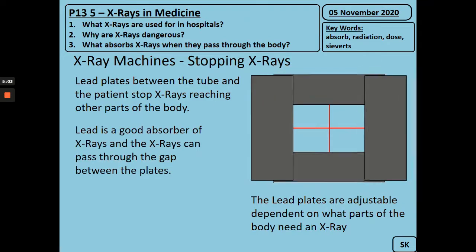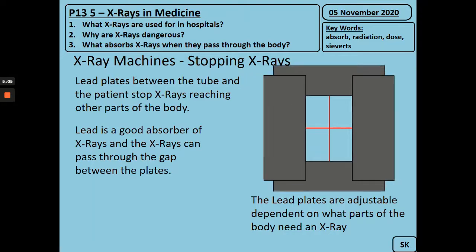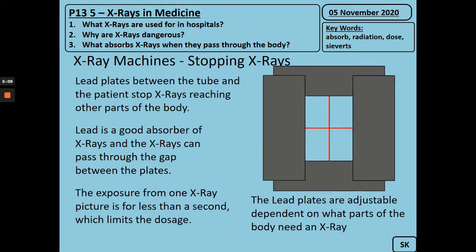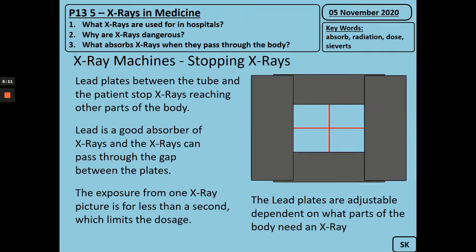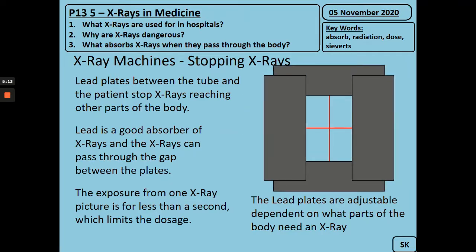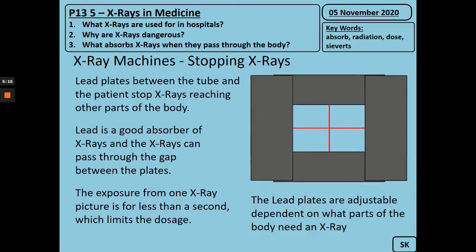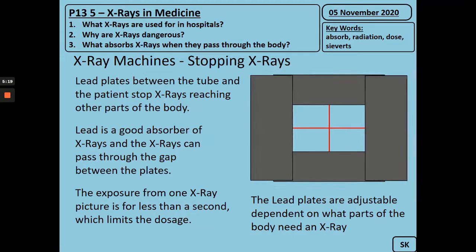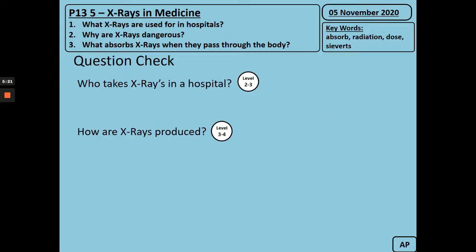Lead is a good absorber of X-rays, and the X-rays can pass through the gap between the plates. The exposure from one X-ray picture is for less than a second, which limits the dosage, because we don't want too high a dosage of X-rays.